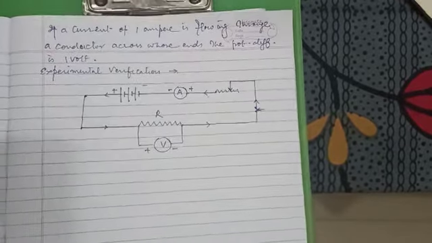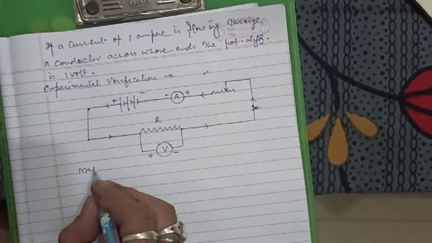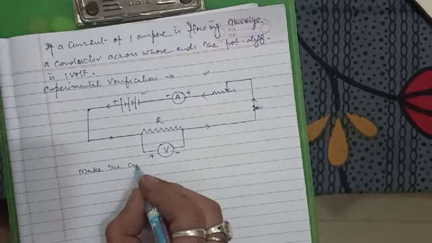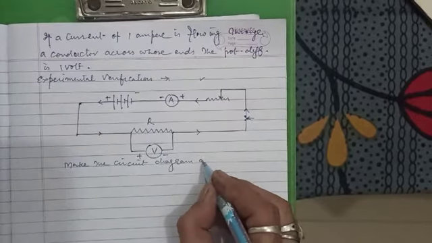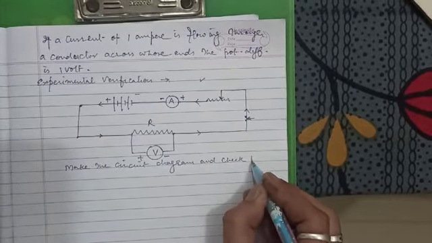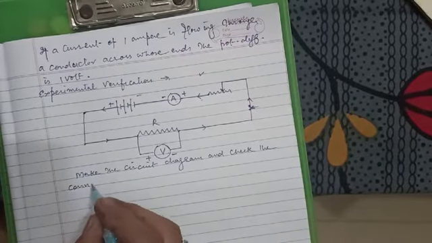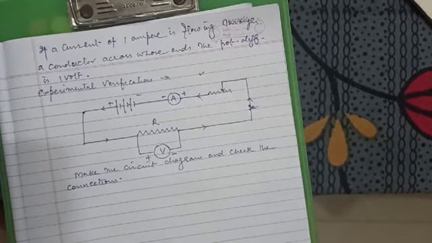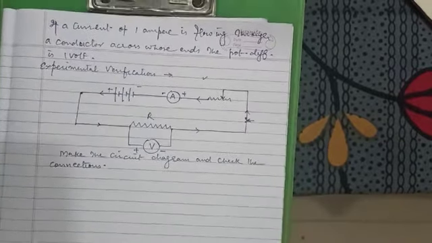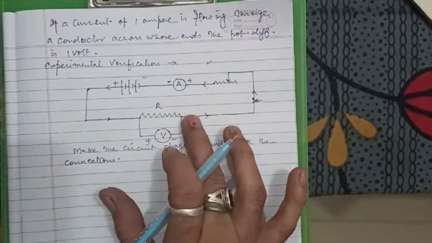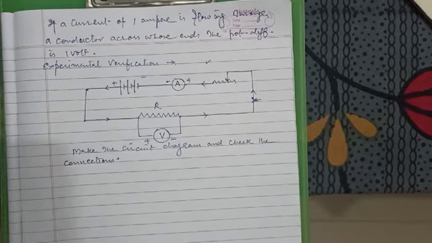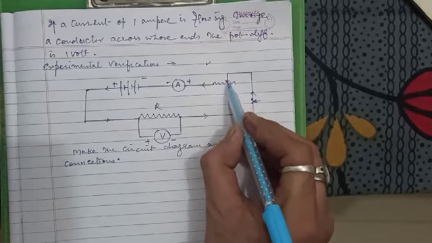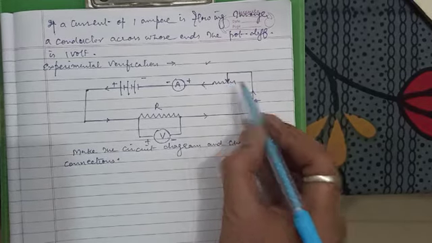If voltmeter and ammeter give the reading, then our circuit diagram is correct. तो सबसे पहले make the circuit diagram and check the connections. सर्किट डायग्राम बनाना है और कनेक्शंस को चेक करना है. If the connections are correct, then we have to proceed further. Then what will we do, we fix the rheostat at one point and put the key.